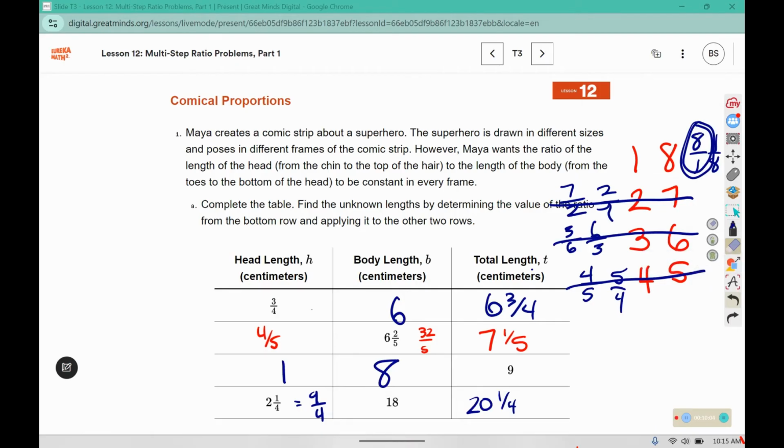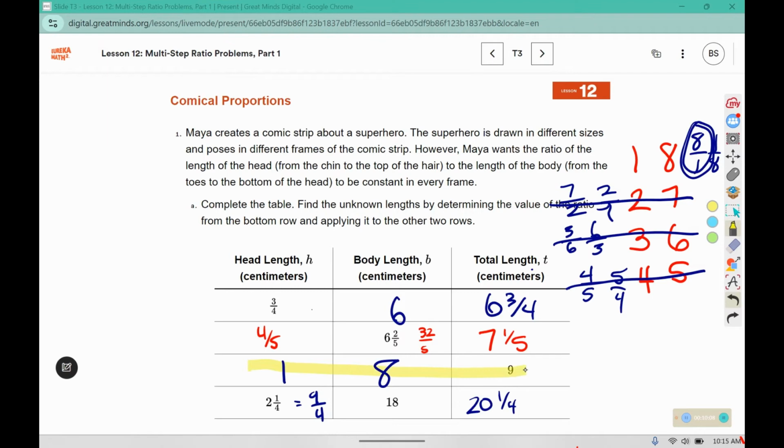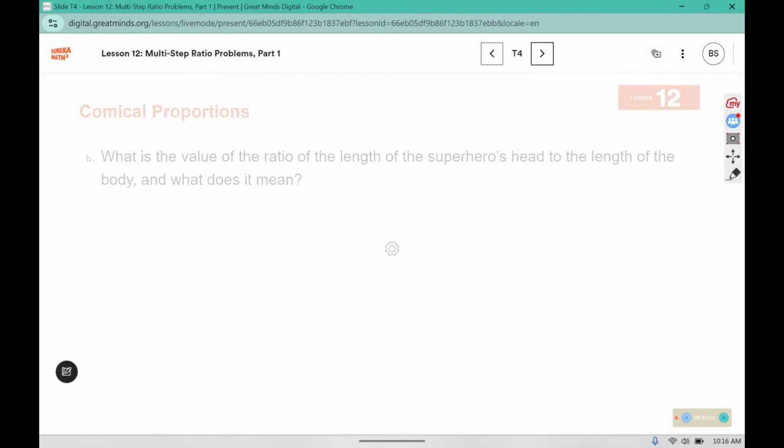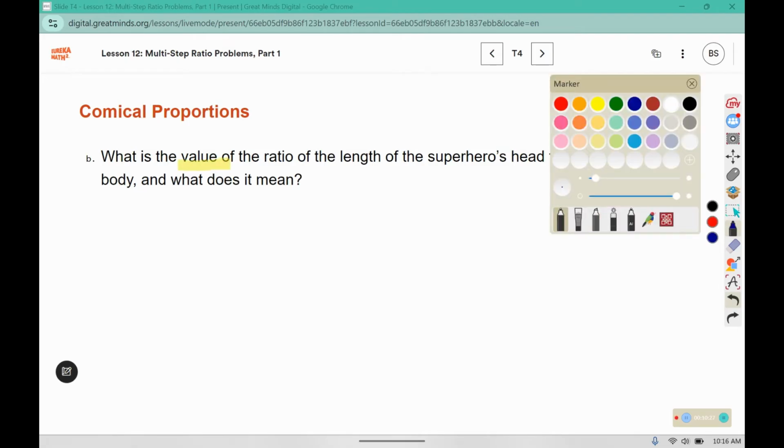All right, now we're going to use this row, since it has the whole numbers, to answer the next few questions. What is the value of the ratio of the length of the superhero's head to the length of the body? Now this is saying the fraction version of the ratio.